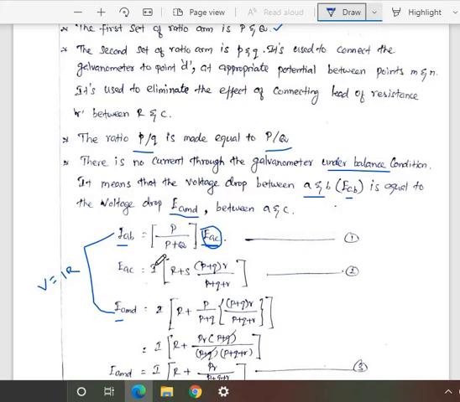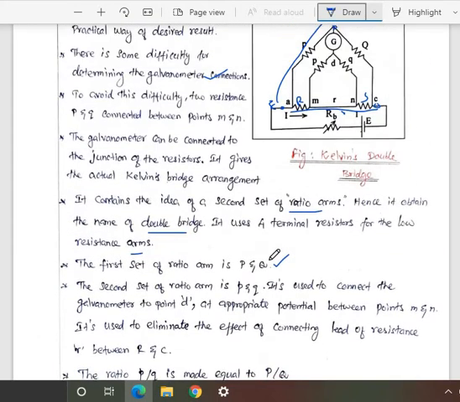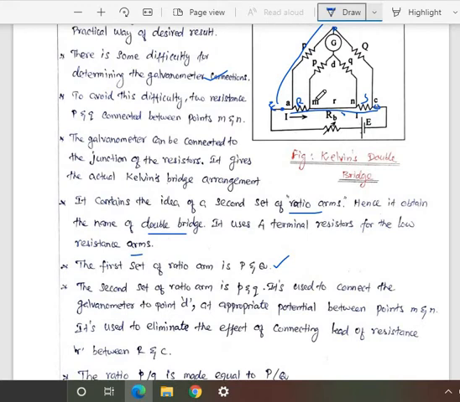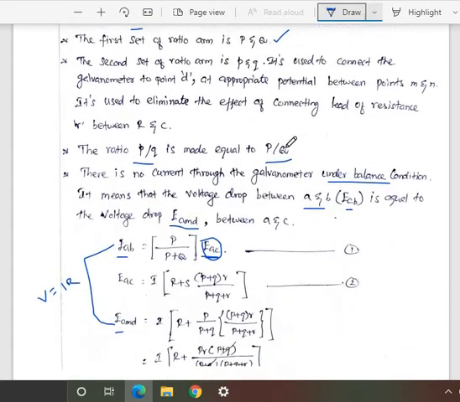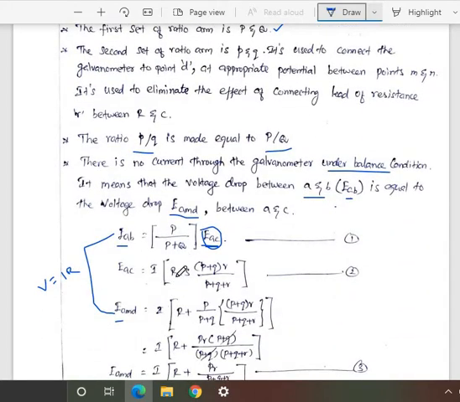Because the current I will be flowing through the series circuit, I is common, so I will take I as a common factor here. R plus S into small p plus small q into r divided by P plus Q plus r.